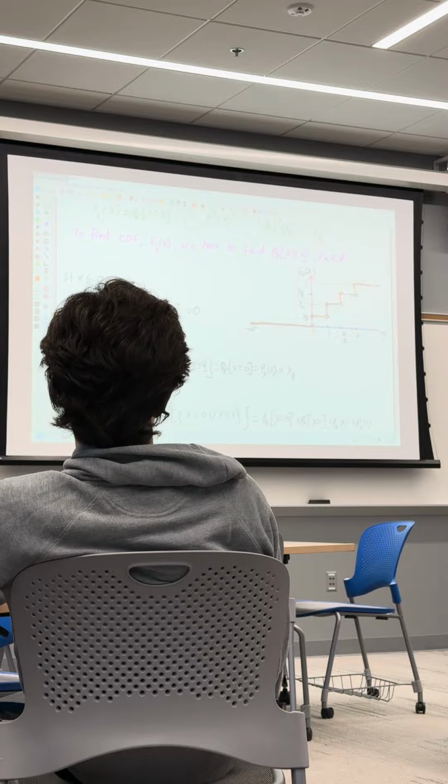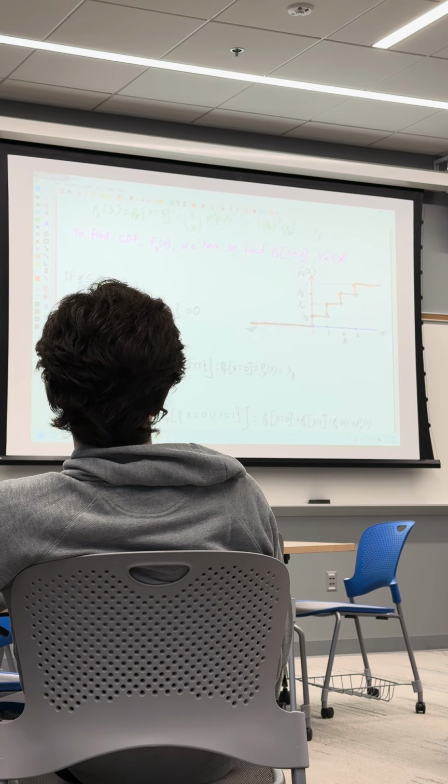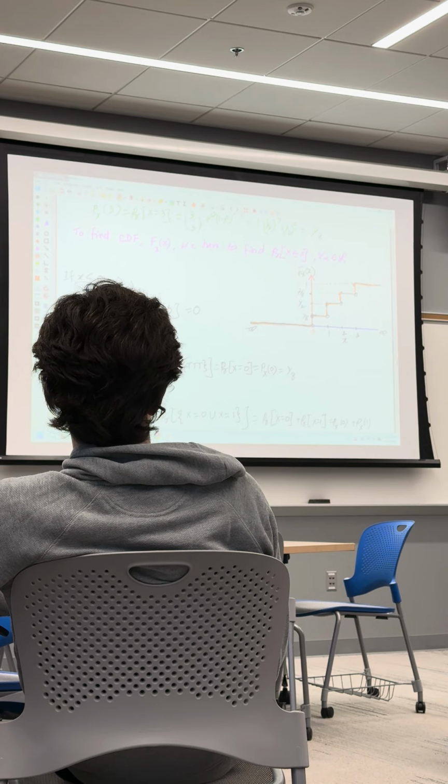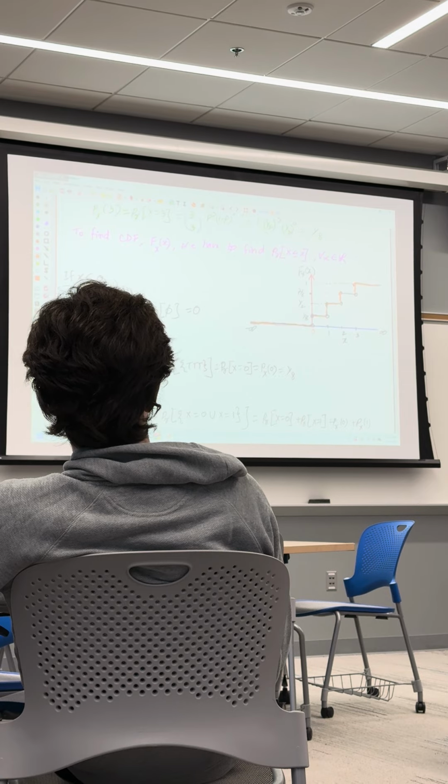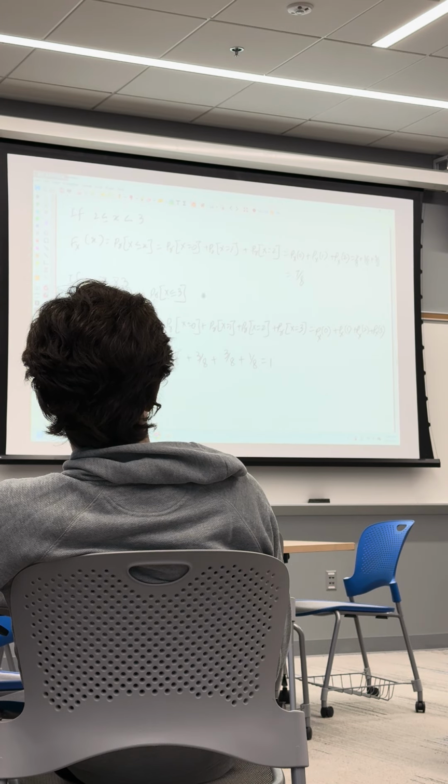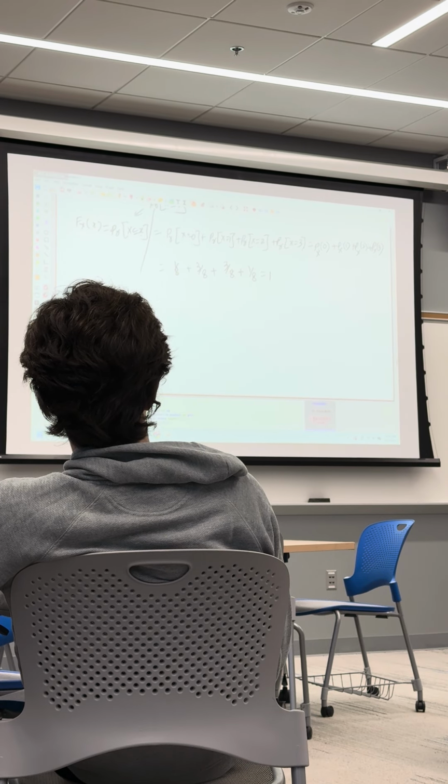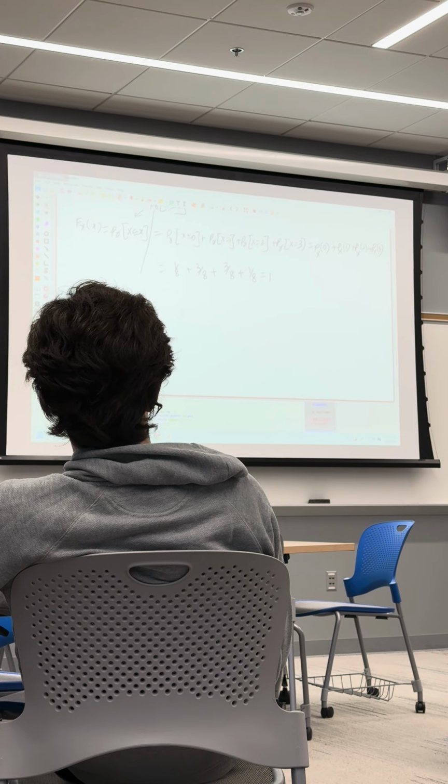So when you define the CDF, make sure you have this plot from negative infinity to positive infinity. So in the exam, if I ask you to find the CDF, you can show me this graph, or you can directly write it in mathematical form as well.